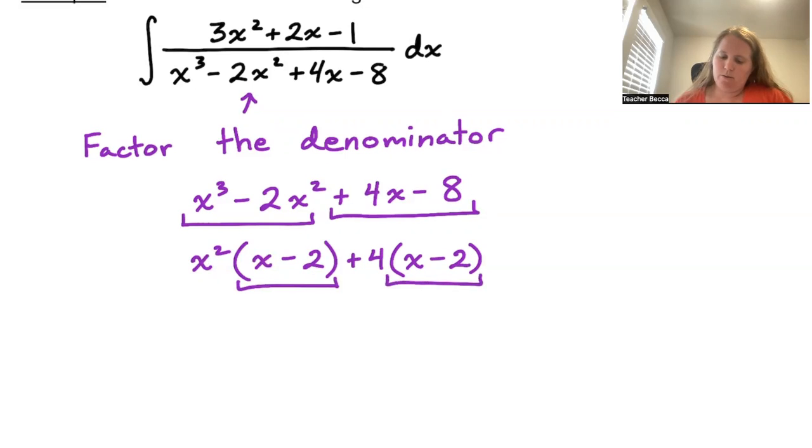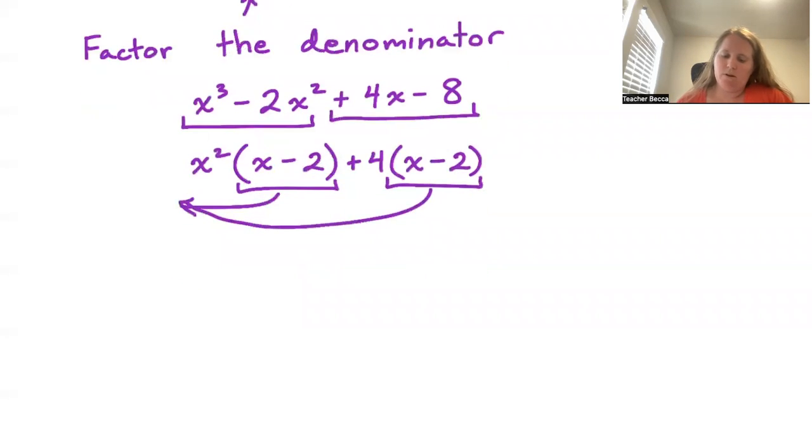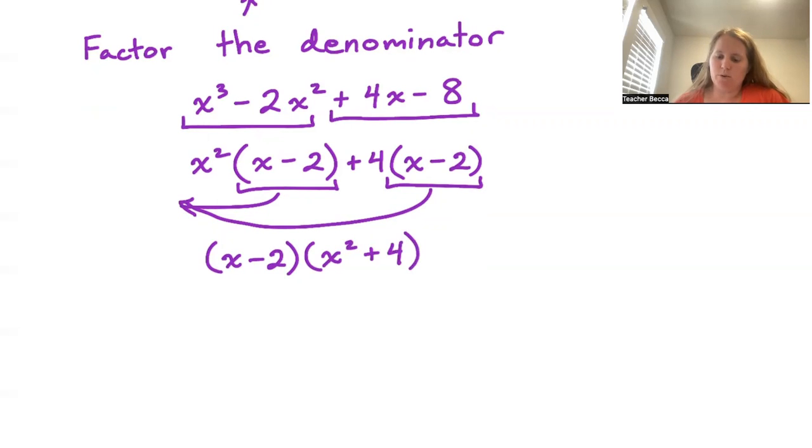We have our common factor of x minus 2, which can be pulled out. We have x minus 2 times x squared plus 4. And at this point, we're done. X squared plus 4 is prime and cannot be factored further.